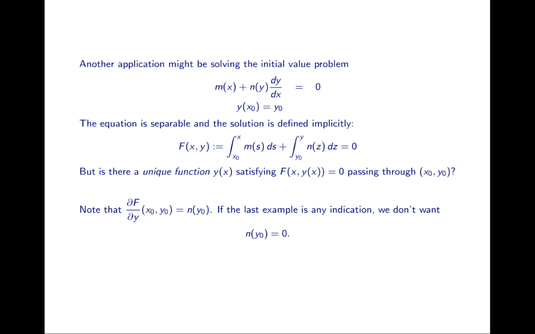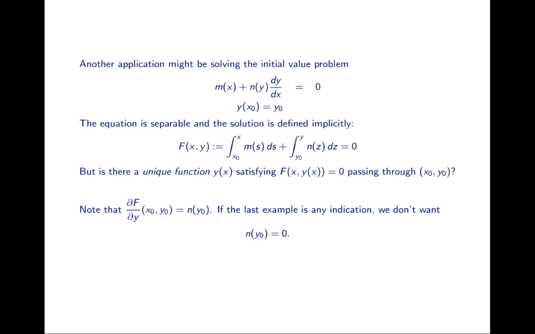Well, note the derivative of f with respect to y evaluated at x naught, y naught. Of course, we can take this expression and take a derivative with respect to y, we would get n of y, and if I evaluate at y equals y naught, we get n of y naught. So if the last example is any indication, we don't want n of y naught to be 0.